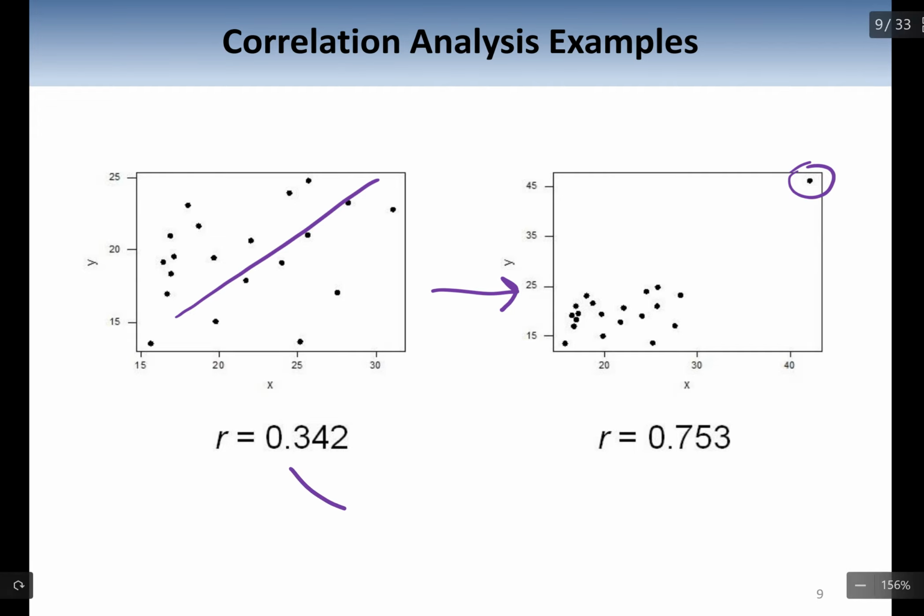And look at how r has changed. It has increased from 0.342 to 0.753 just by adding that 1 point. So the correlation r is influenced by outlying measures. And so we will learn how to calculate r in the upcoming slides.